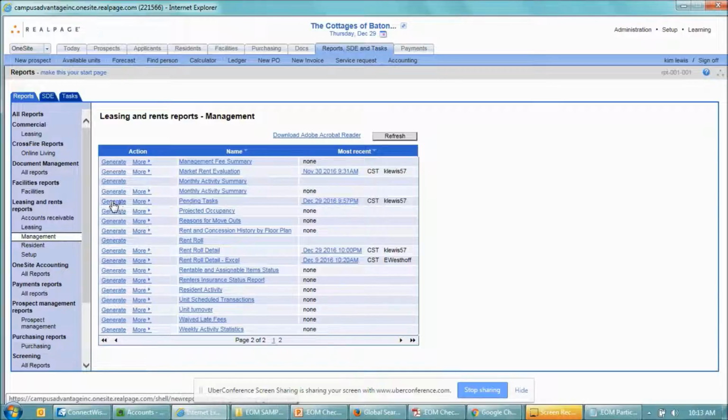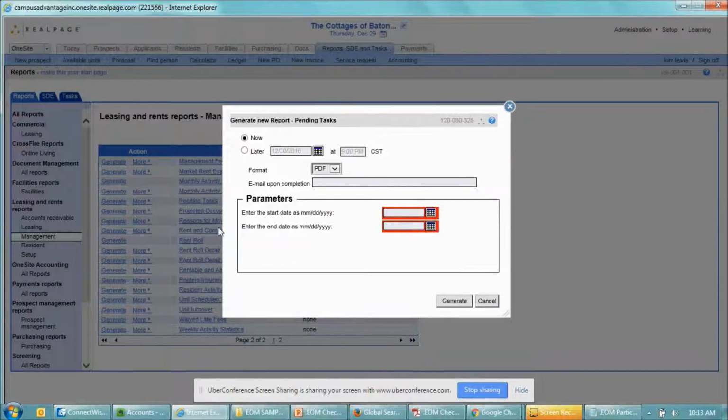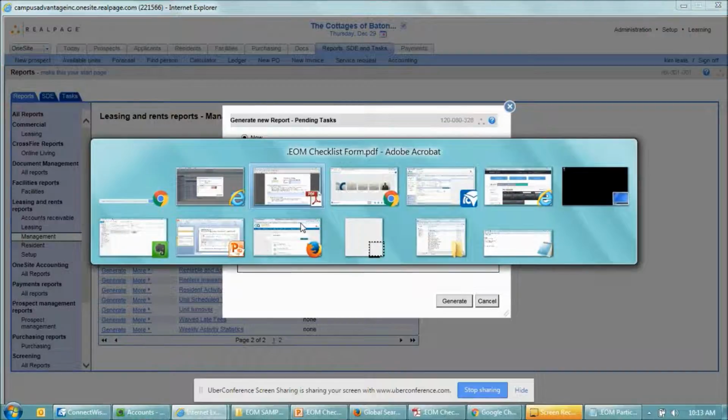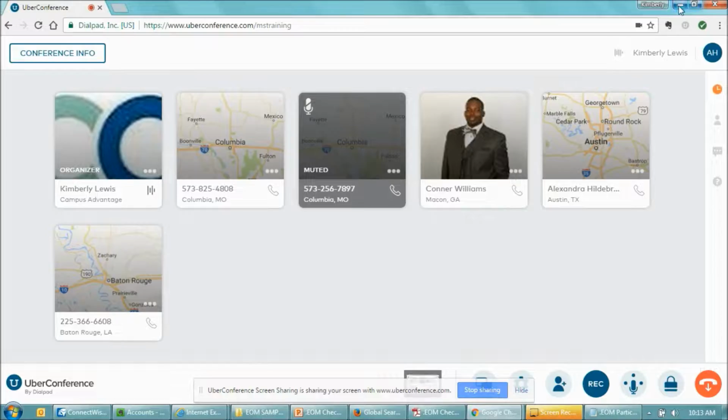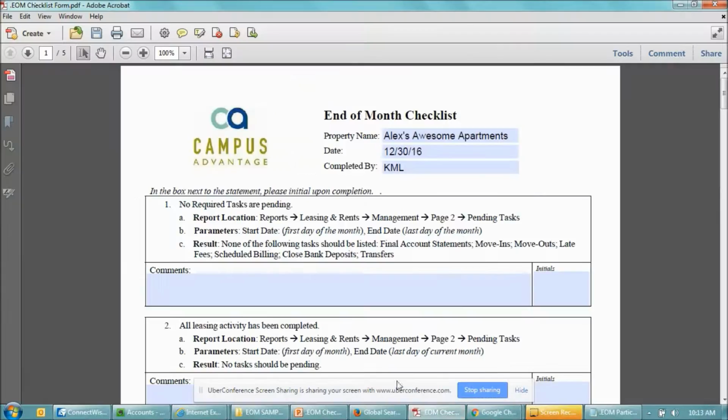So here's the report. I'm going to click generate. Now, each report has specific parameters for how the end of month report should be generated, and each are identified in the checklist here. So for this one, the start date should be the first day of the month, and the end date is going to be the last day of the month.